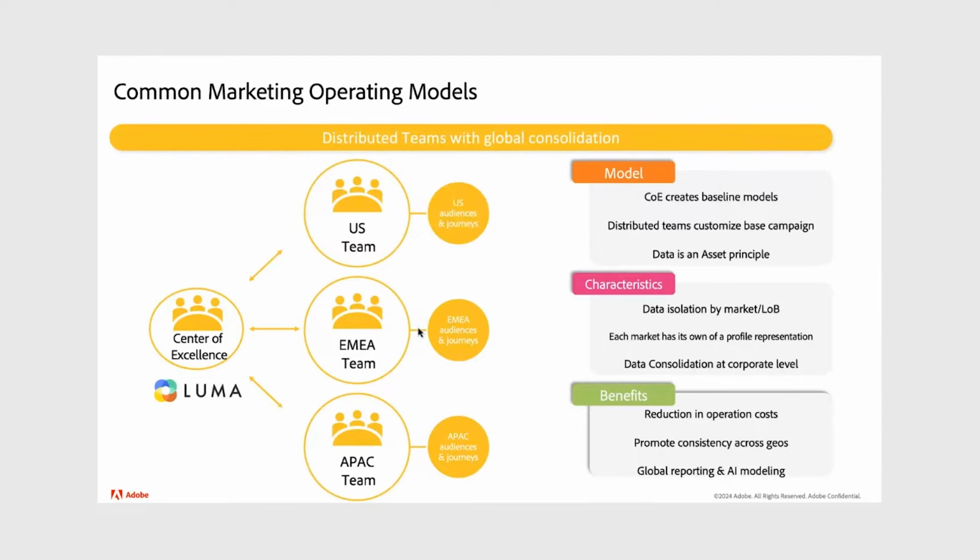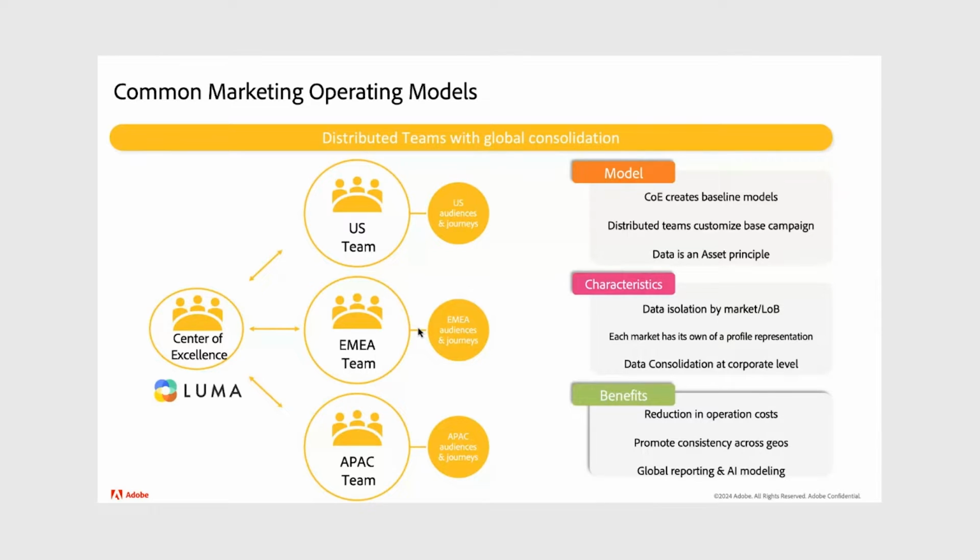Finally, that leads us to a third operating model, which is the center of excellence. This is an adaptation of the distributed marketing management model, where we want to mutualize some effort in a center of excellence.